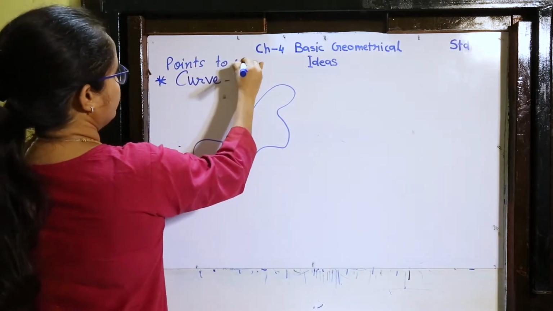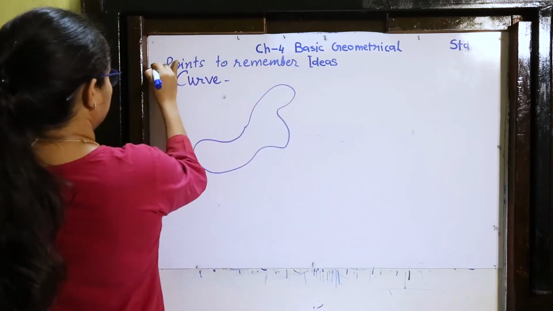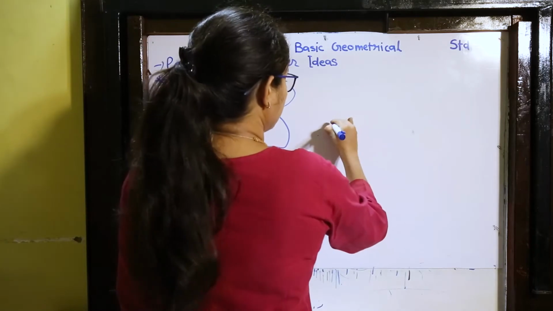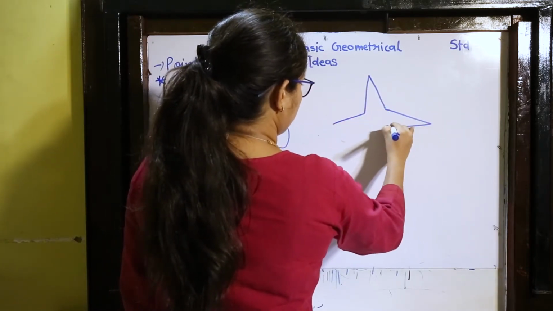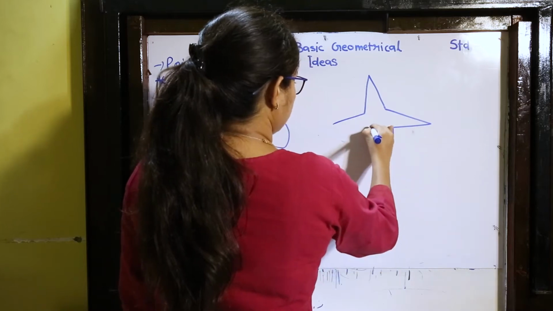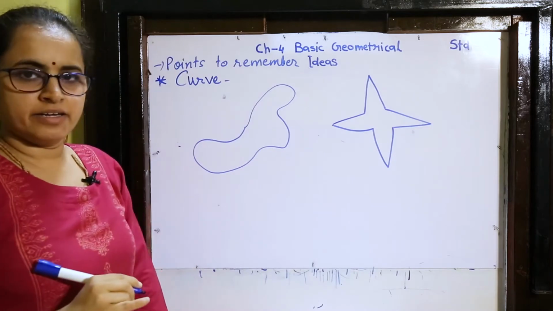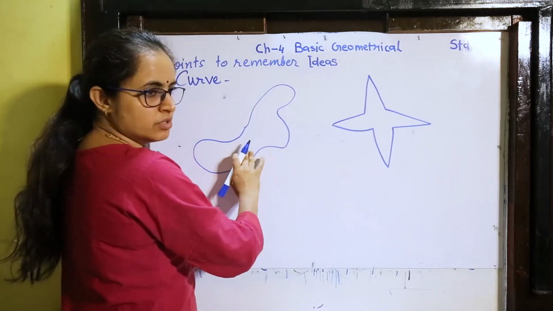You have to draw first. Point to remember, you have to draw these, and then suppose I am making straight. If you can see me, I have not lifted the pen. Okay. So both are called curves.